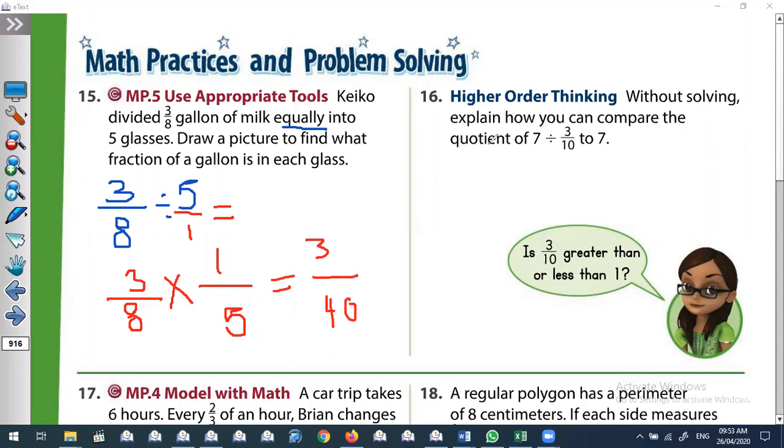Without solving, explain how you can compare the quotient 7 divided by 3 over 10 to 7. You need to know which is bigger, 7 divided by 3 over 10 or 7. How can we know?